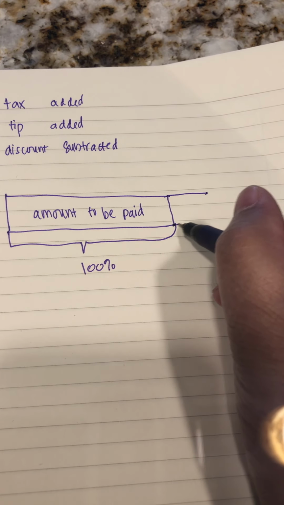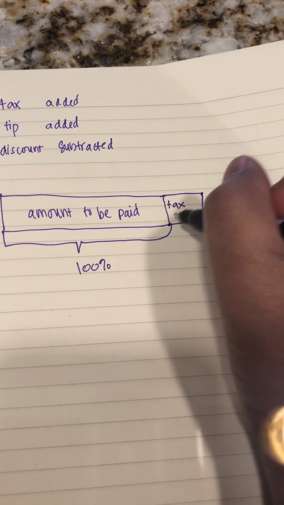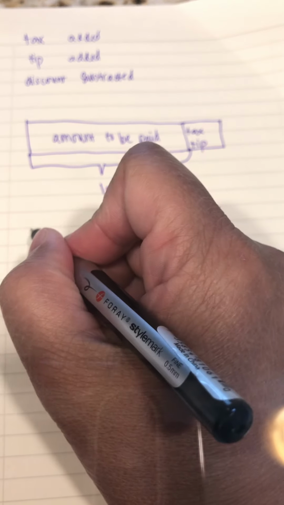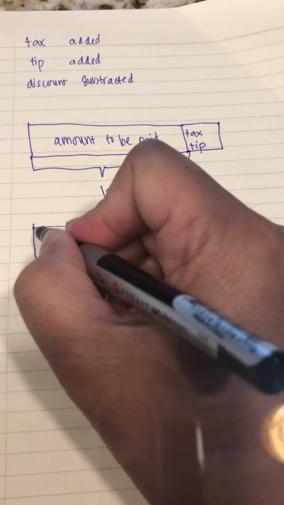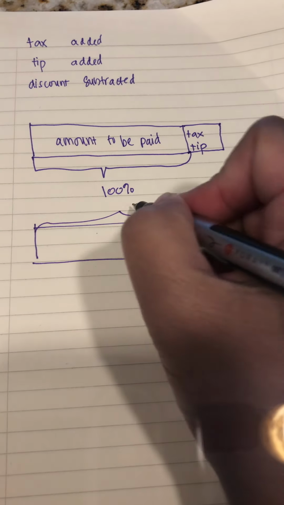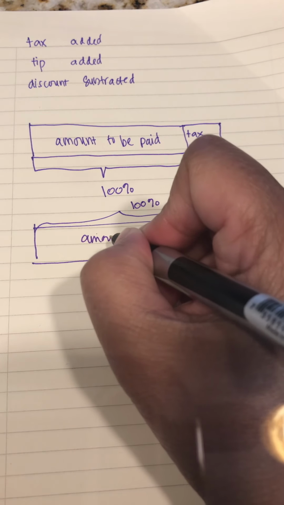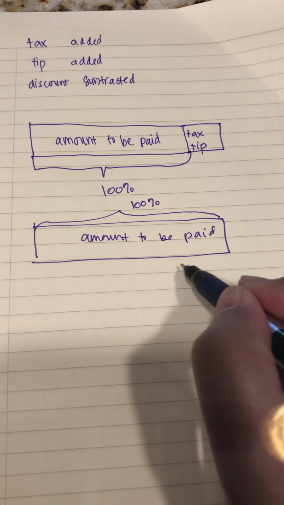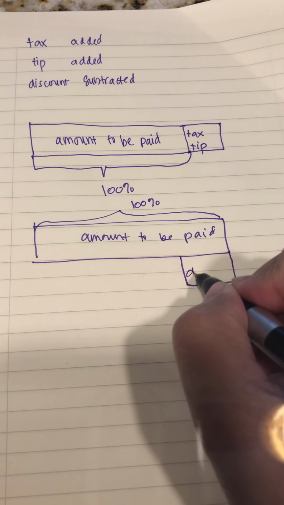That tax is something extra that you are paying. Tax and the tip is something extra. Okay? And then your discount, if this is your total amount to be paid, this is your 100%. So this is amount to be paid. Your discount is this part right here.